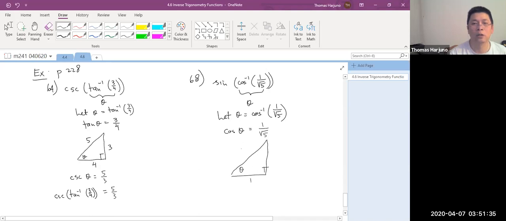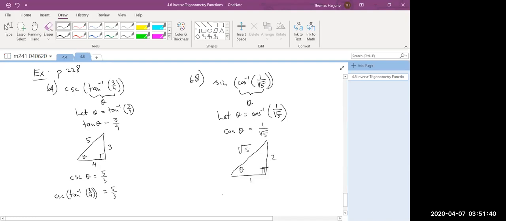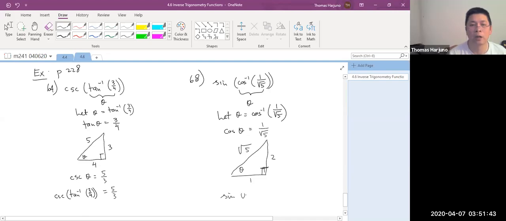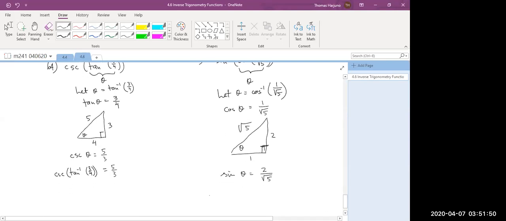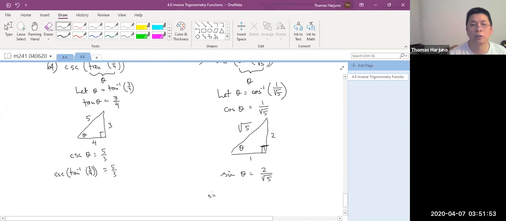This is 1, this is radical 5, so this is 2. Okay, so sine of theta will be 2/radical 5. Do we rewrite it? We should. So sine of cosine inverse of 1/radical 5 is 2/radical 5. Rationalize: 2 radical 5 over 5.